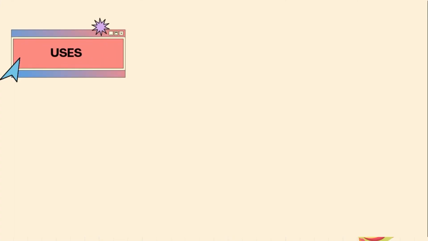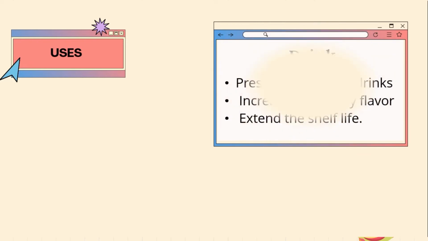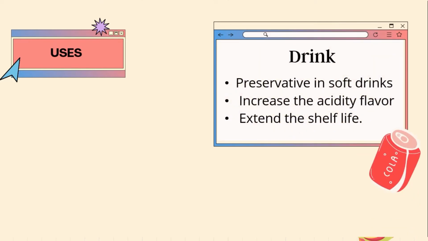So, we move to the use of sodium benzoate in food. In drink, it is used as a preservative in soft drink. It is also used to increase the acidity of flavor and to extend the shelf life.